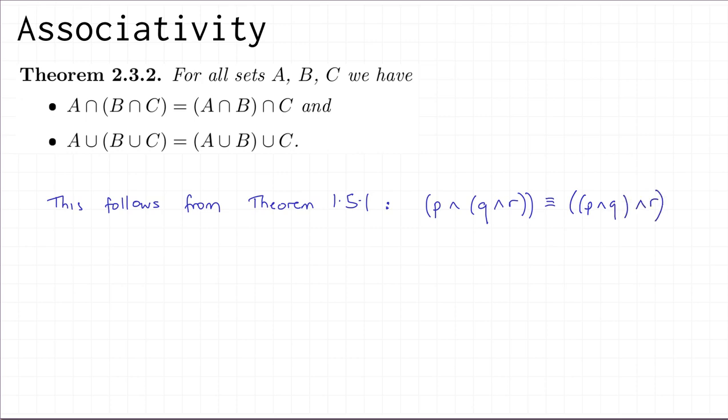So we can use that logical equivalence to prove that A intersect B intersect C is equal to A intersect B intersect C, grouped differently. And similarly, the same thing for OR can be used to prove the second part of this theorem. So the associativity result for OR is that P or Q or R is logically equivalent to P or Q or R, like this. So we get the same result.